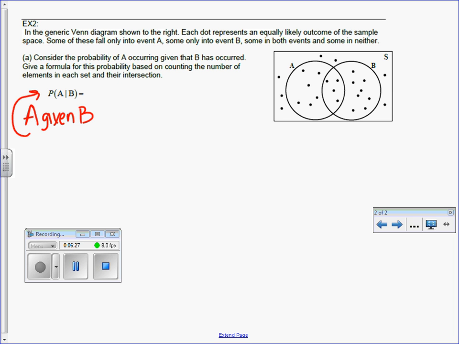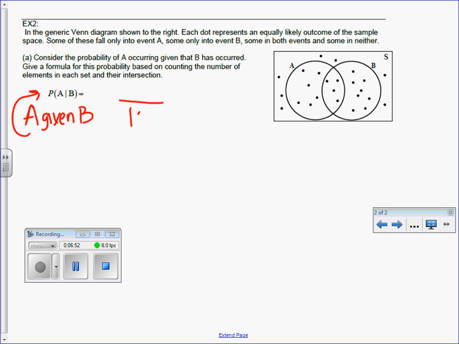Okay, so the first thing we're going to do is let's look at the actual set. So the probability of A occurring given that B has occurred. Okay, so if B has occurred, then it's going to be out of all the elements in B. So I'm going to count all the elements in B. 1, 2, 3, 4, 5, 6, 7, 8, 9, 10, 11, 12.